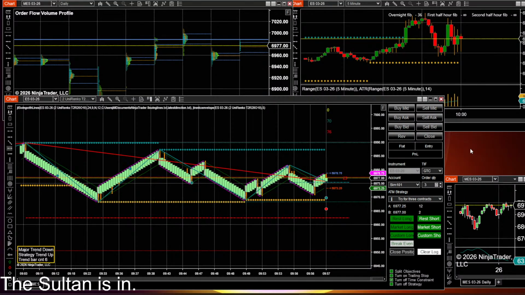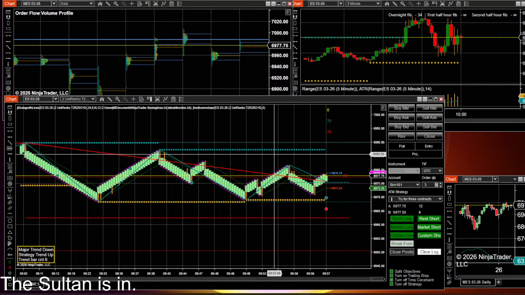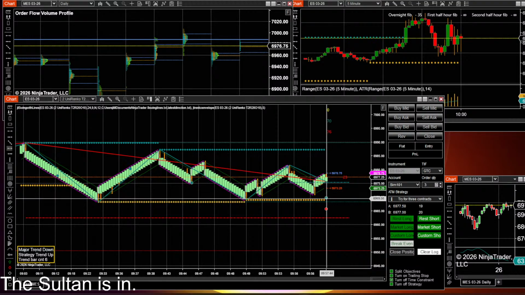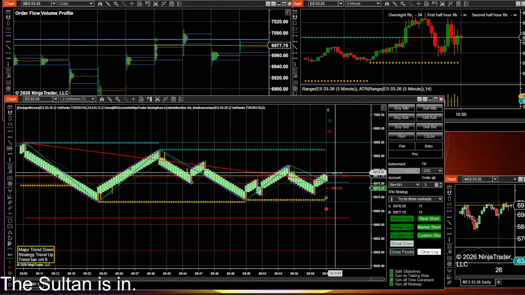So this leg here is just a continuation of the strat up leg where you see the dot. If it didn't hit this one, it didn't become a legitimate leg down.